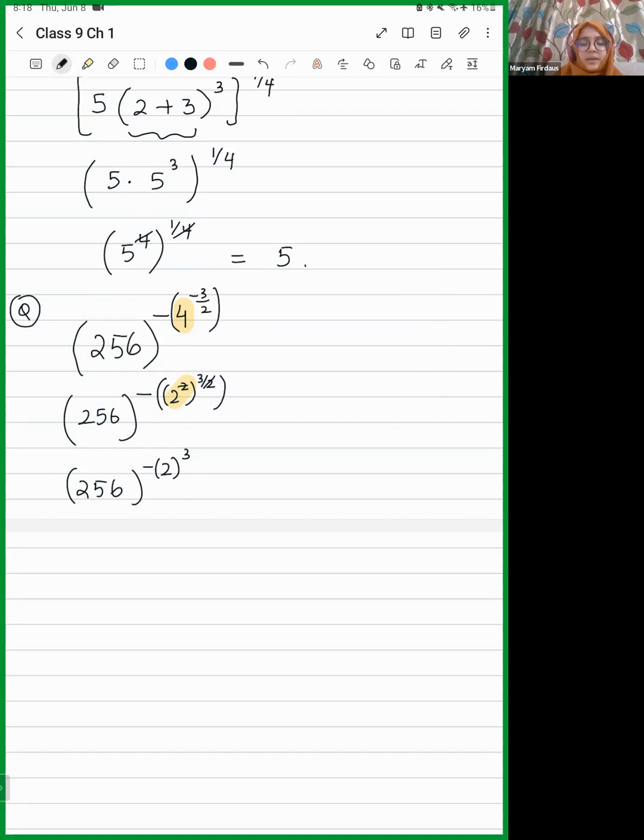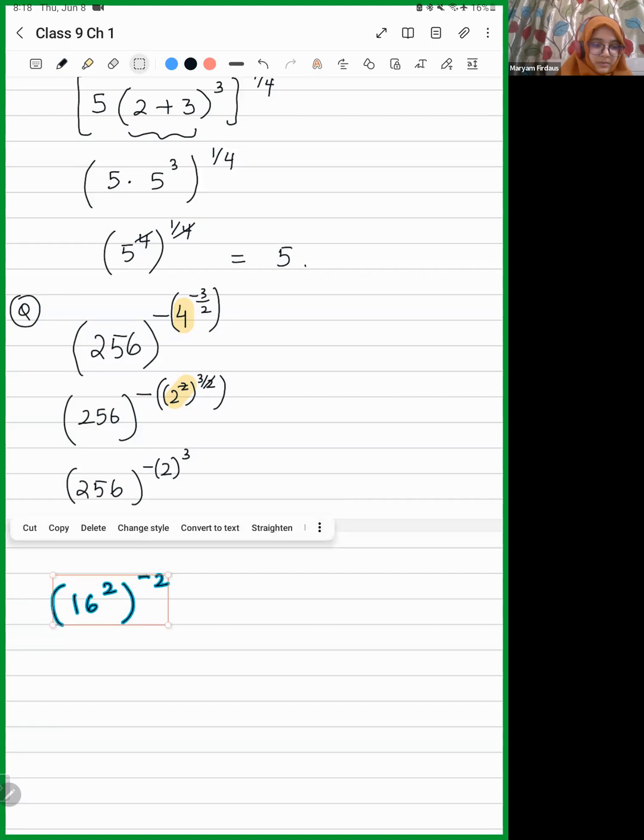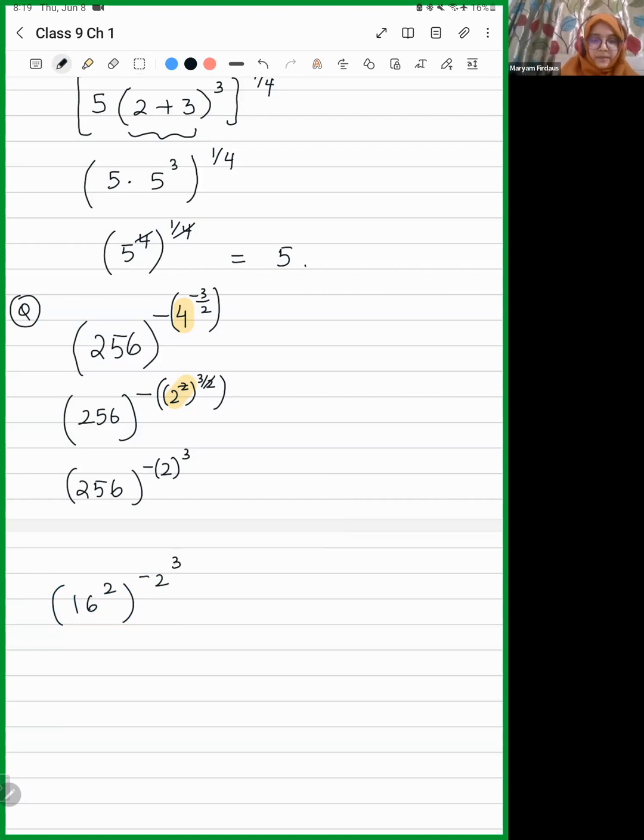So write 16 square to the power minus 2, and the whole to the power 3. Ma'am, can you cancel 2 and minus 2?